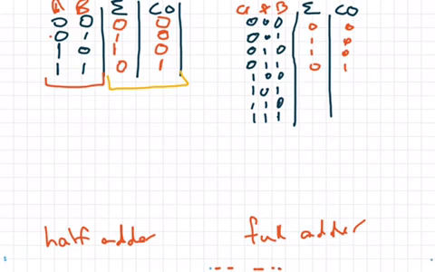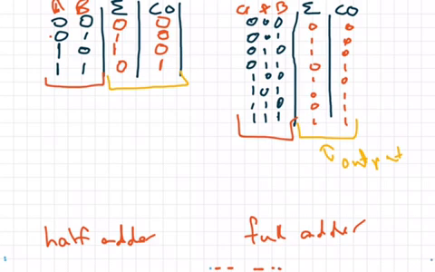And then right here, it's 1, 0, 0, 1, and my carryout is 0, 1, 1, 1. Once again, there are my outputs, and here are my inputs. Oops, I flipped what I said there. Orange are my inputs, yellow are my outputs.